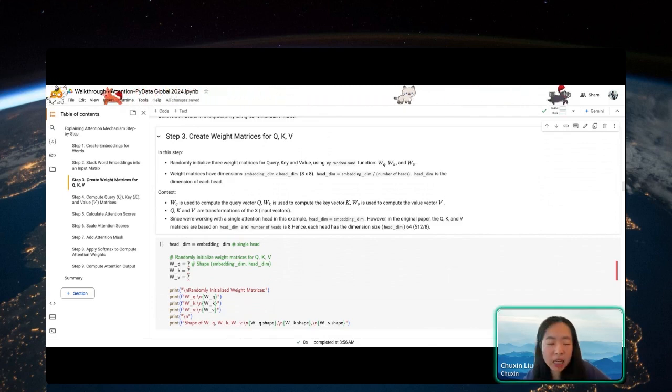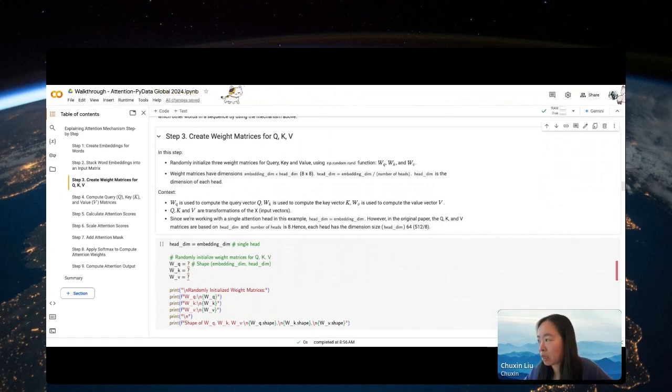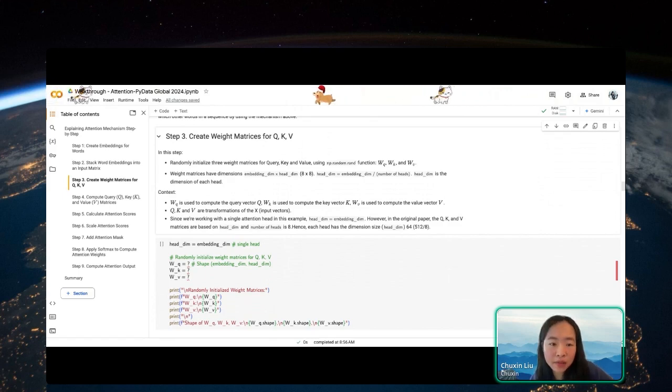Head dimension equals the embedding dimension divided by the number of heads, and it is the dimension of each head. In this example, we are working with only one single attention head, so head dimension will equal embedding dimension. That's saying that we'll have three matrices that have a size of 8 by 8.